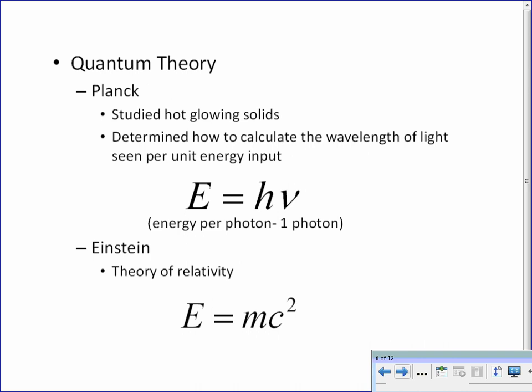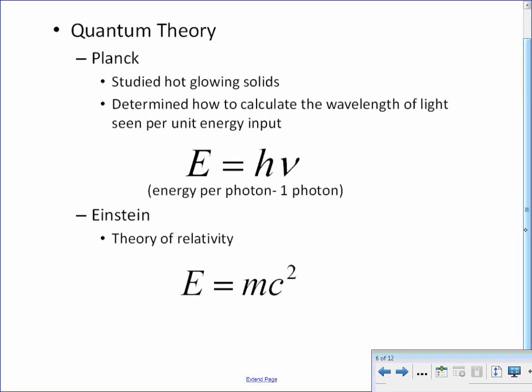We learned last year that Planck started the ball moving on quantum theory, and he studied hot glowing gases, and he determined that he could calculate the frequency of the light that was given off based on the amount of energy that was put in. And by the way, you guys, this is energy per photon. So this is for one photon.